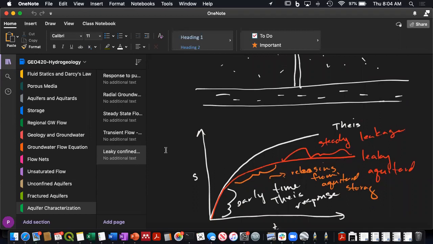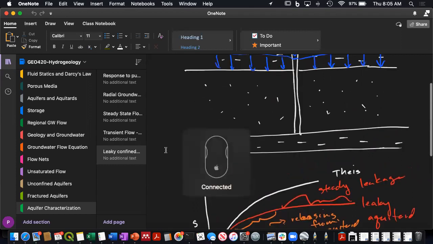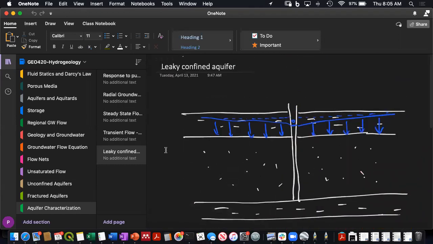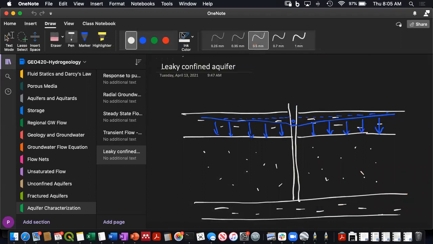All right, so let's get back into talking about and thinking about pump tests. Just to refresh our memory, the idea is that we come in and we put a pump down our well and we pump the well.